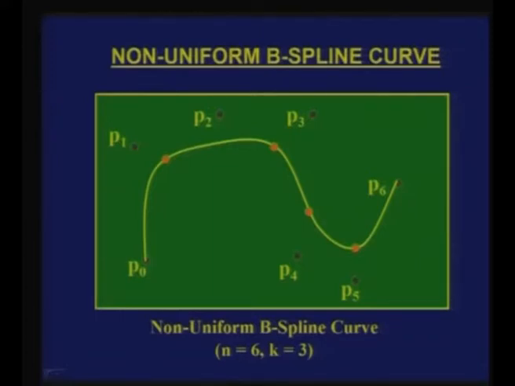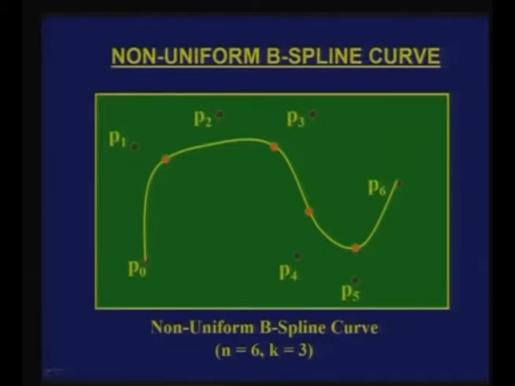It is not the same for all control points. For example, P0 influences only the first portion, between u equal to 0 and u equal to 1. Take the control point P1.